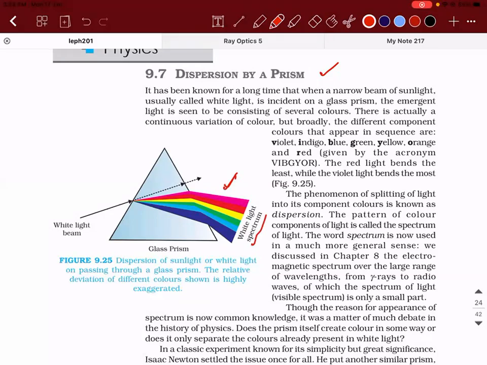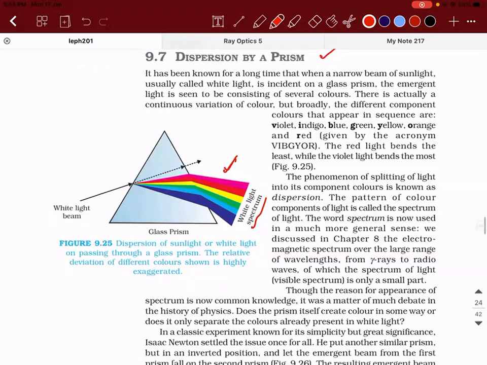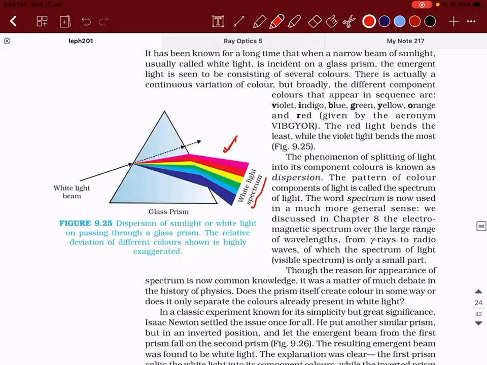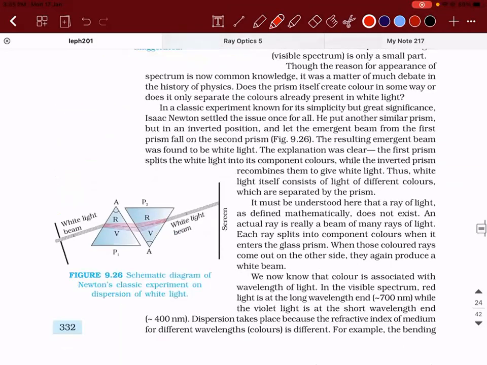When I say 7 different colors, it consists of 7 different wavelengths, which are combined together for us to see something called white light. Why this phenomenon occurs is because of the wavelength. Each wavelength will respond to this glass prism in a different way. That is the reason why this kind of phenomenon is observed.